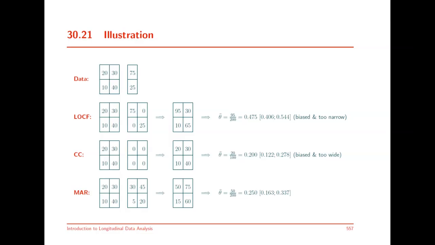Whereas missing at random, and it's in detail in the web lectures, but I will explain it here also, because this gives us a good intuition of how MAR works. We say, okay, we have 75 people who say yes. That information we will not touch. But how would they split over yes, yes, and yes, no?